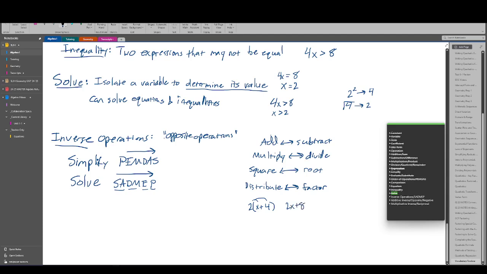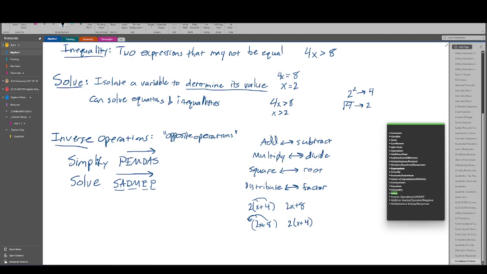Then if I take 2x plus 8 and I factor it, so I take out a greatest common factor from both terms, I would divide both of them by 2 and get 2 times x plus 4. So distributing and factoring are opposites, but don't worry too much about that one till later on. We'll get a lot more familiar with factoring in second semester.